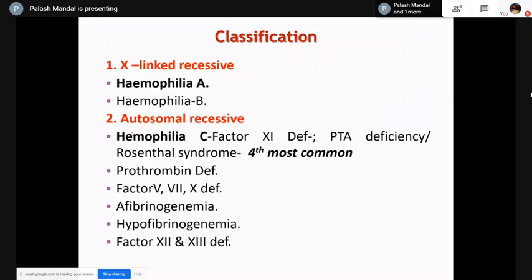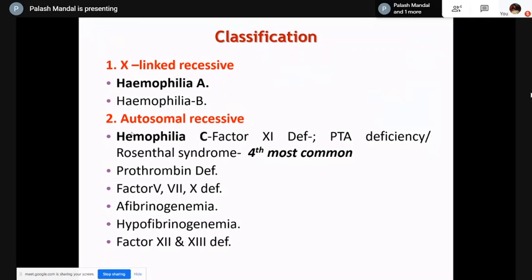There is deficiency of prothrombin. There can be deficiency of factor 5, factor 7, factor 10. Deficiency of fibrinogen, which can be totally absent fibrinogen, or reduced production of fibrinogen, that is hypofibrinogenemia. There can be factor 12 and factor 13 deficiency also.